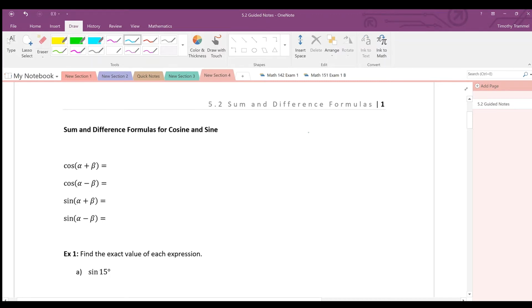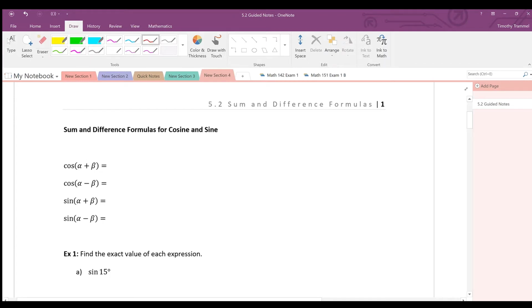I think really one of the most important things to get from these formulas is that cosine of alpha plus beta is not equal to cosine of alpha plus cosine of beta. As much as we'd like to be able to do this, it's just not true. Let's see what is true. Let's see what the identity is, or what these four identities are.